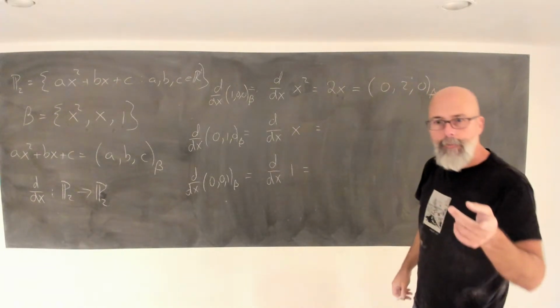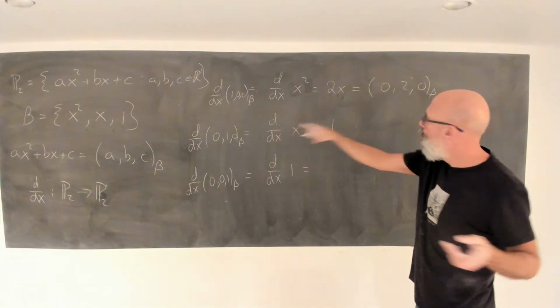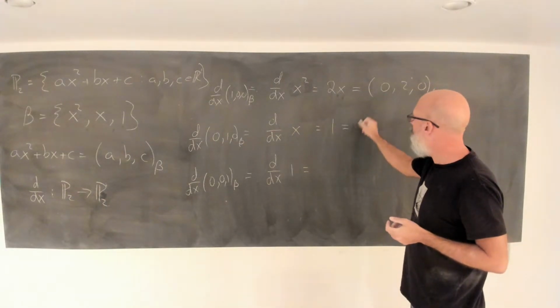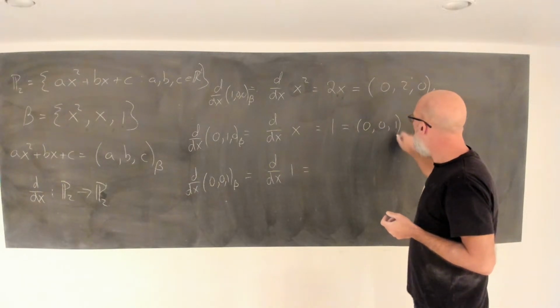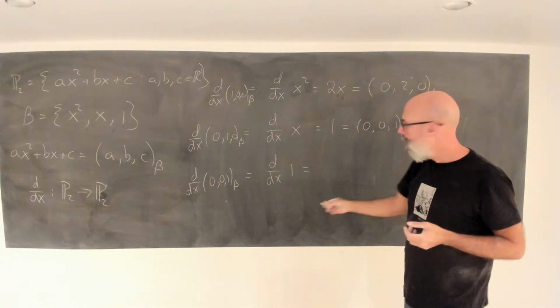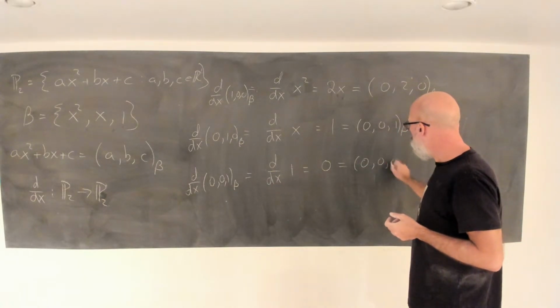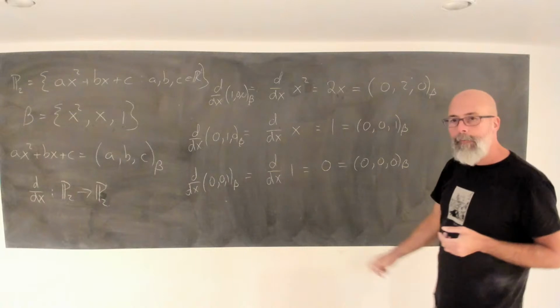Derivative of x is? Derivative of x is 1, as you know. So that is the vector (0, 0, 1) in the basis B. And the derivative of 1 is 0, which is (0, 0, 0) in the basis B.